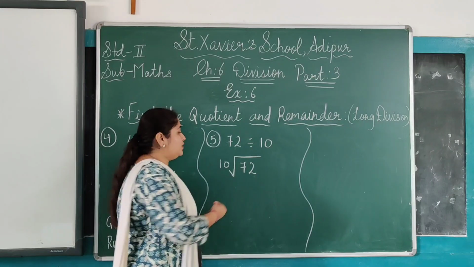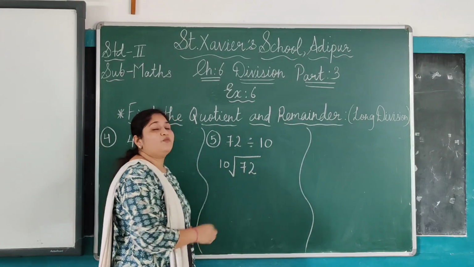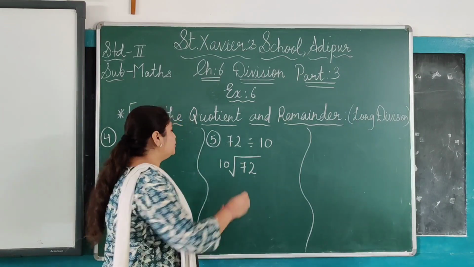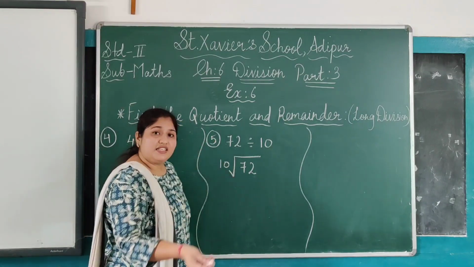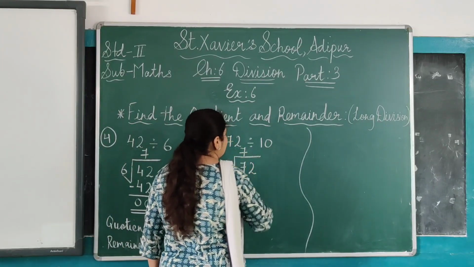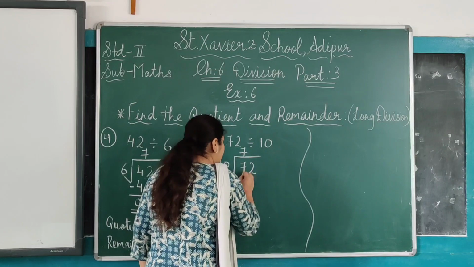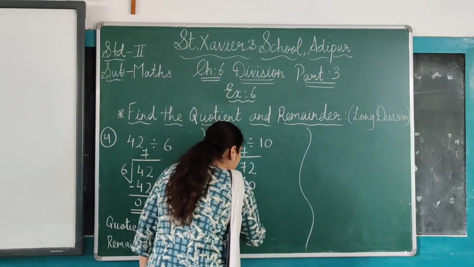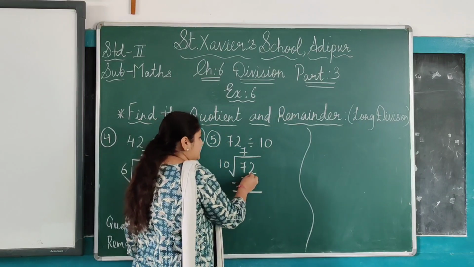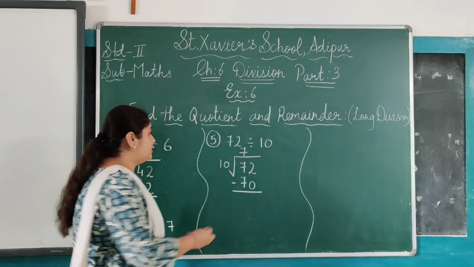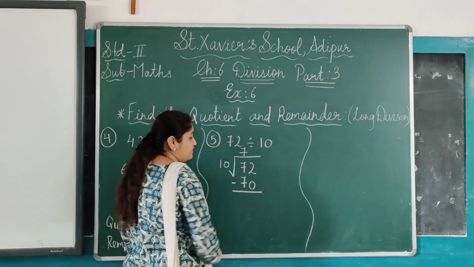Right? So इससे छोटा नंबर कौन सा लेंगे हम? Very good. क्या लेंगे? 70. Right? तो 10 के टेबल में 70 कितनी टाइम्स जाता है? 7 times. Okay, so 10 sevens are 70. See, 72 10 के टेबल में नहीं आता, so उससे छोटा नंबर लेंगे.